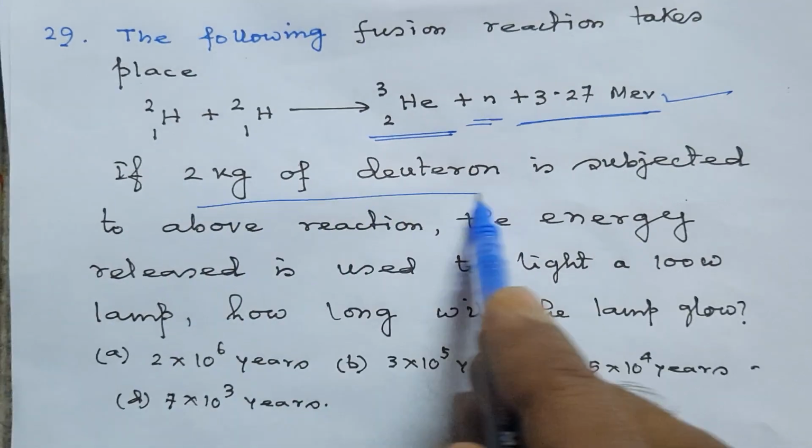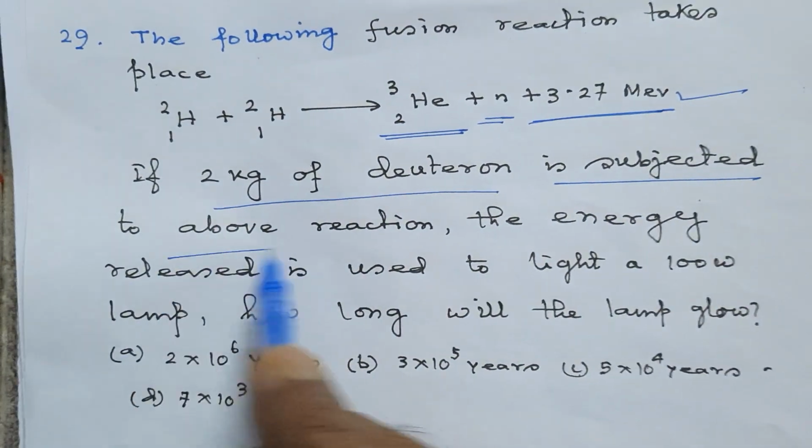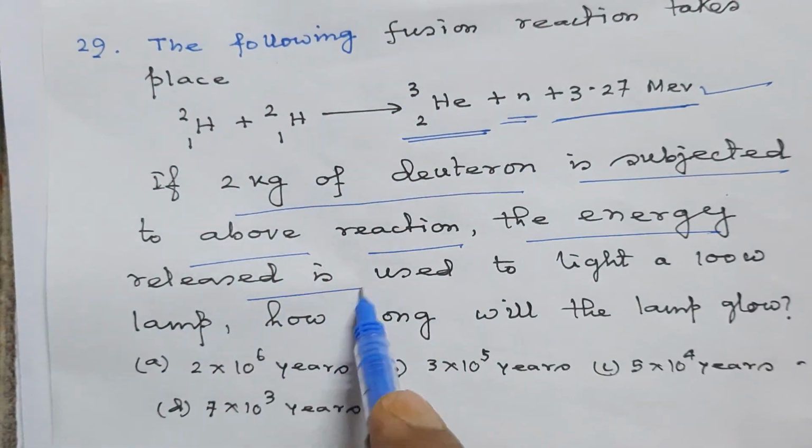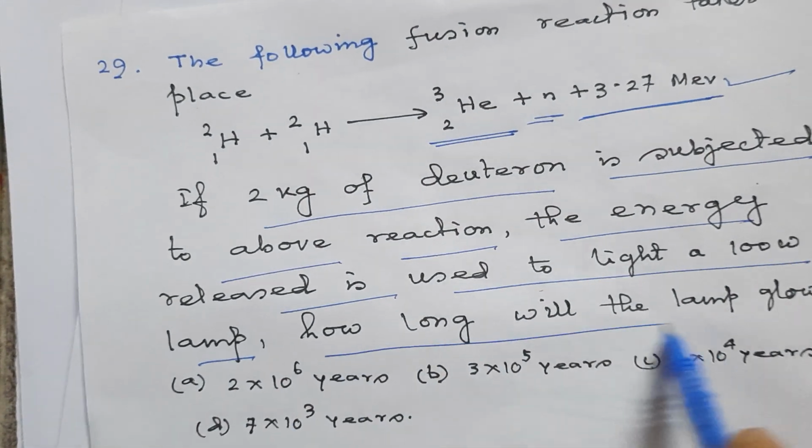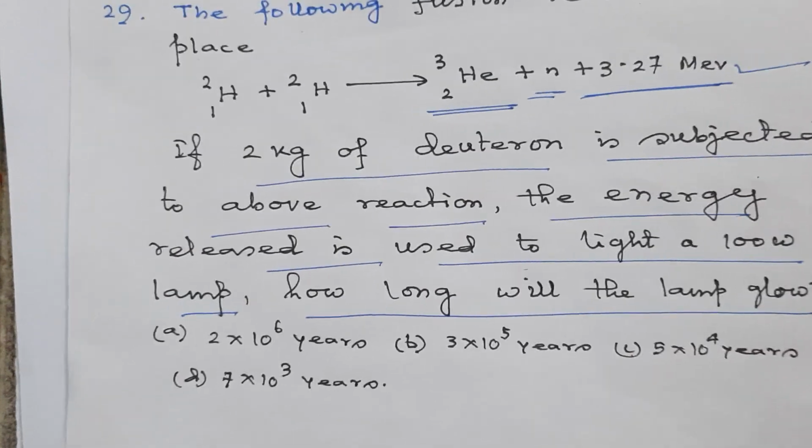If 2 kg of deuteron is subjected to the above reaction, the energy released is used to light a 100-watt lamp. How long will the lamp glow?